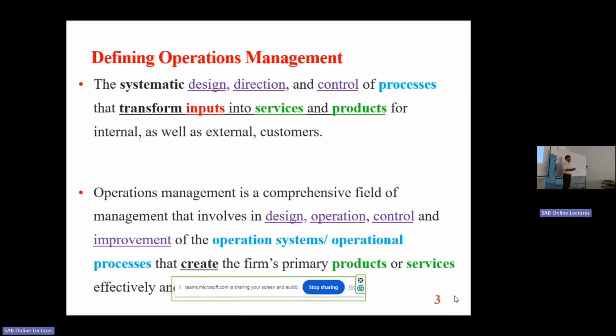Different tastes and quality are maintained at a certain level, and the volume, the output levels, are different. So, producing products through operations.